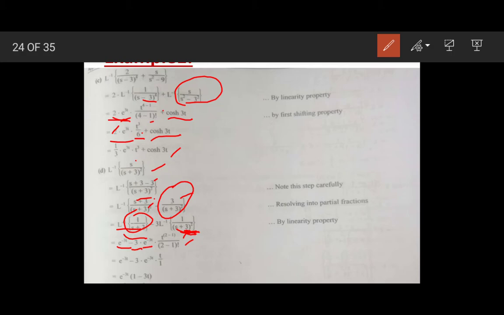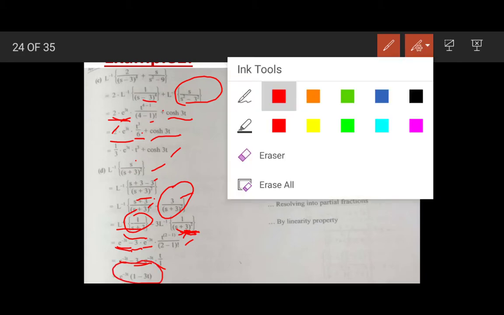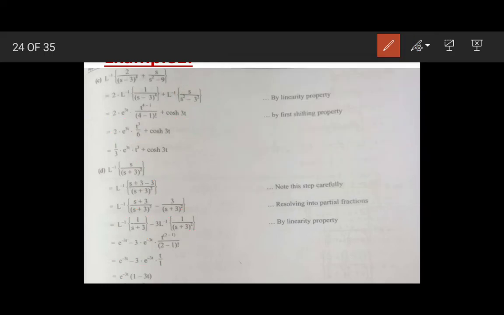So that will be e raised to minus 3t, minus 3 e raised to minus 3t into t upon 1. Taking e raised to minus 3t common, we get 1 minus 3t. So that is the inverse Laplace.